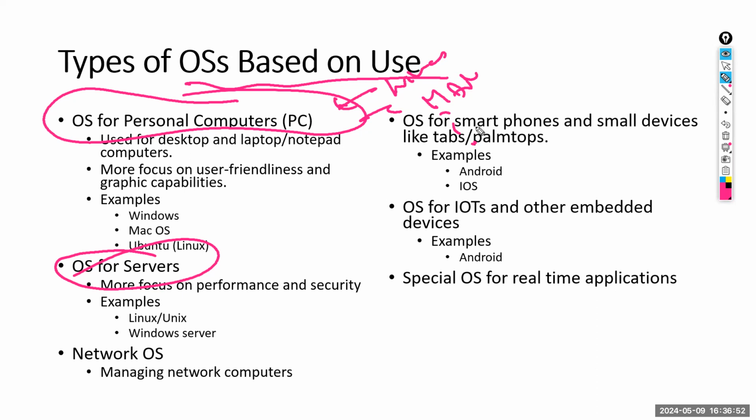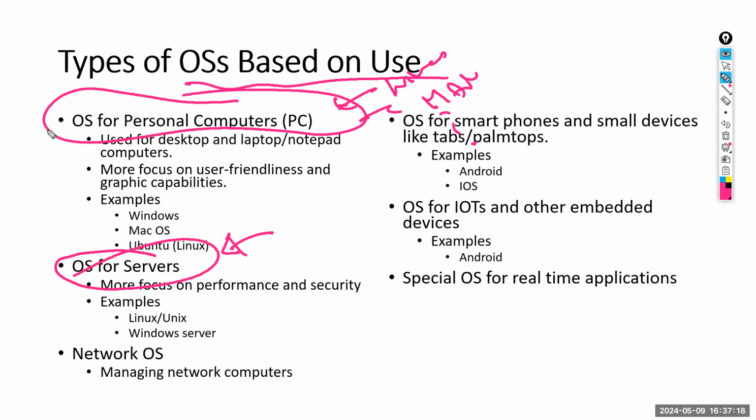Then we have operating systems for servers. Those are a little bit more serious, more secure, higher performance operating systems, like Linux for servers, such as Red Hat Enterprise Linux. Even Windows has a server version, Windows Server.